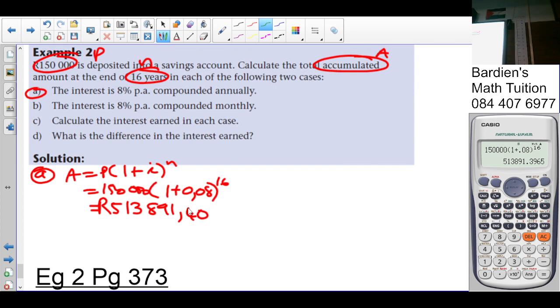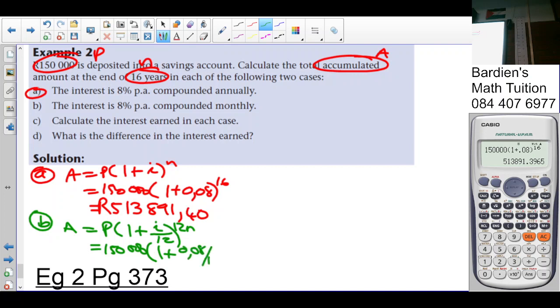Let's look at B. B says the interest is 8% per annum compounded monthly. What's my formula then? A is equal to P into 1 plus I over 12 to the exponent 12. Not so. What's my P value? 150,000 into 1 plus I, which is 0,08 over 12 to the exponent 12 times 16.